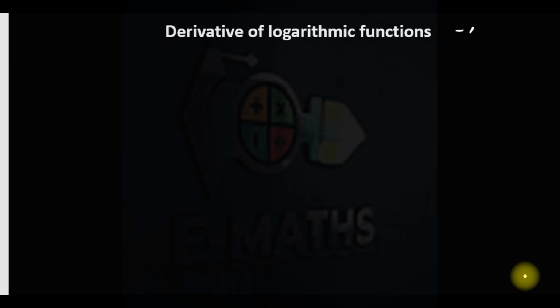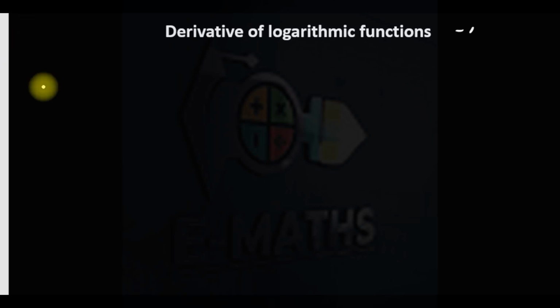Okay, today I'm going to teach you derivative of logarithm functions. So the first one is the natural log, because we know we have the natural log and the logarithm to other base.